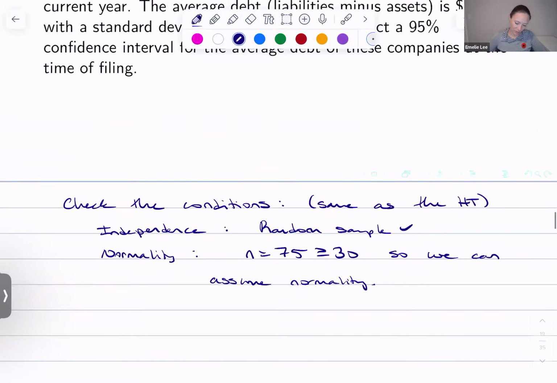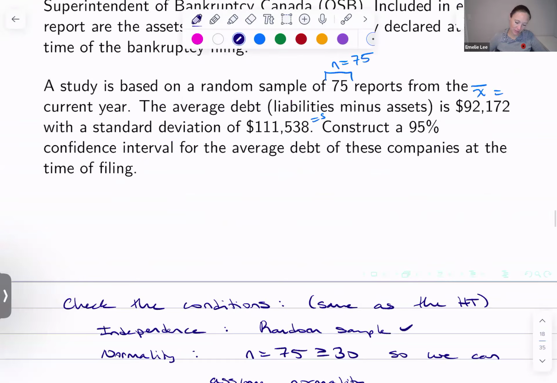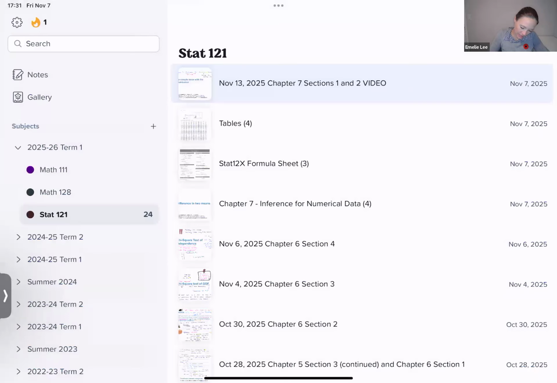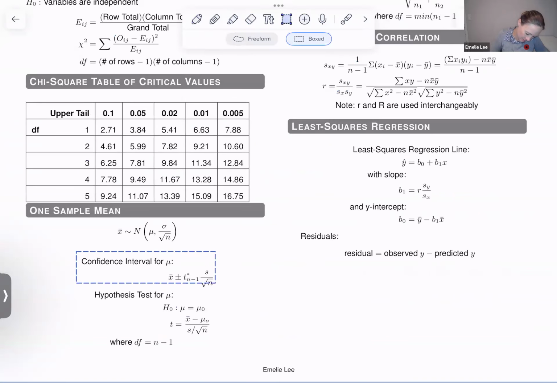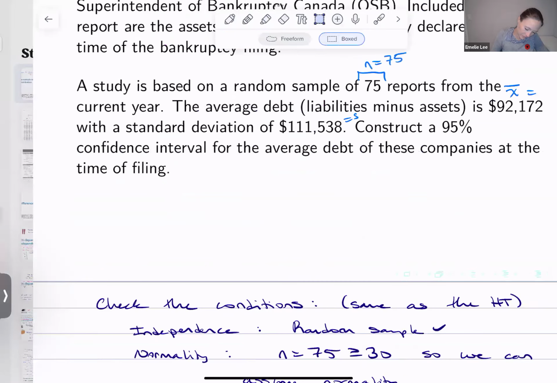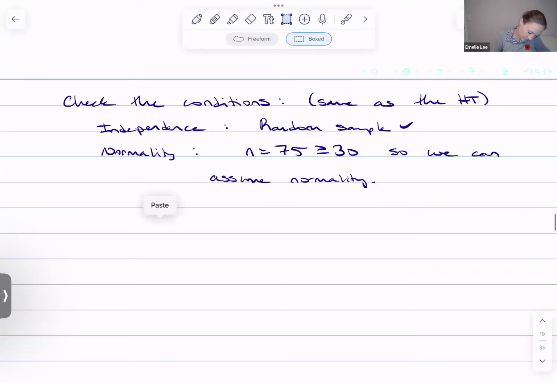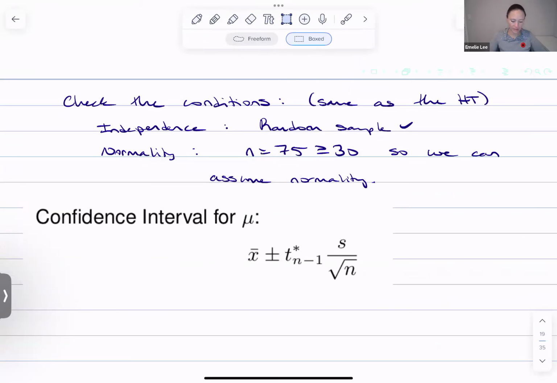Okay. Now, we wanted to build a confidence interval. So from the formula sheet, I'm going to go back and just grab the confidence interval here. We have our X bar, we have our S, we have our N, we need our T star. Now this N minus 1 is just saying at N minus 1 degrees of freedom.